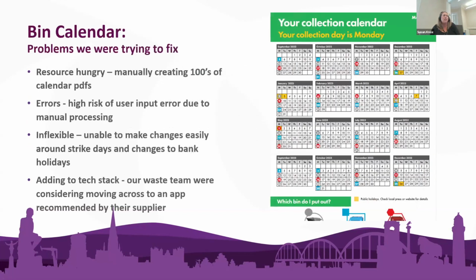So essentially, the bin calendar and the problems that we are trying to fix. Previously on our old site, we had a very manual way of people checking when their bin days were. I'm sure everyone in councils on the call will know this is probably the most asked question, if not the most asked question.